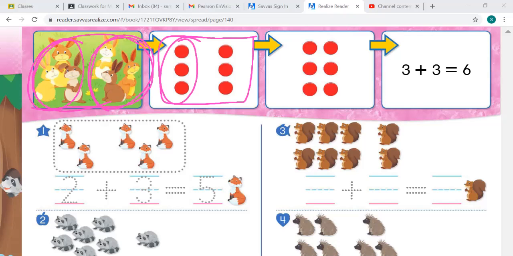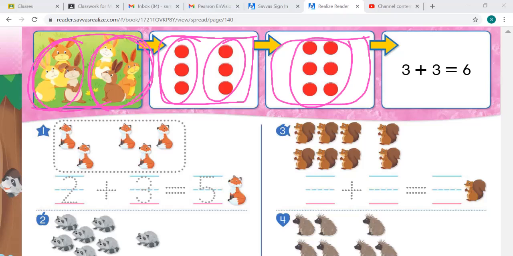Here's our first group, and here's our second group. So there's 3 and 3, right? Okay, let's go to our next box here. How can you find out how many rabbits there are in all? We can join the 2 groups of counters, right? How many are there in all?